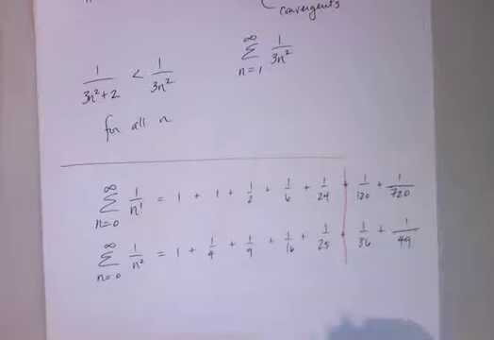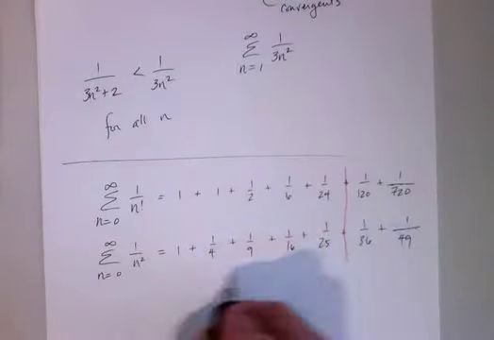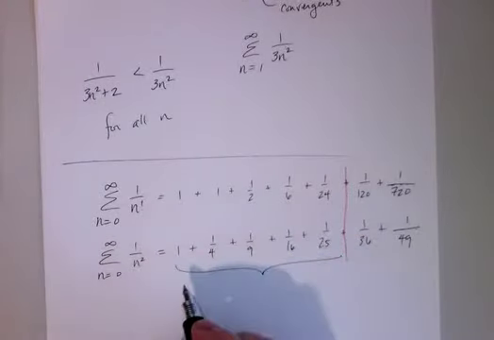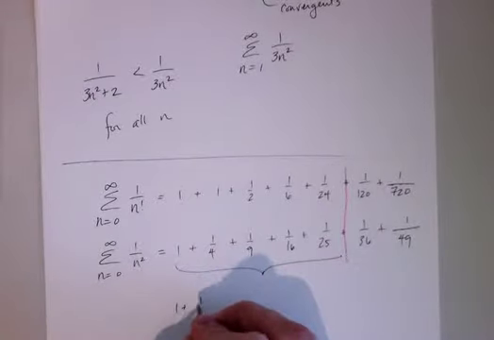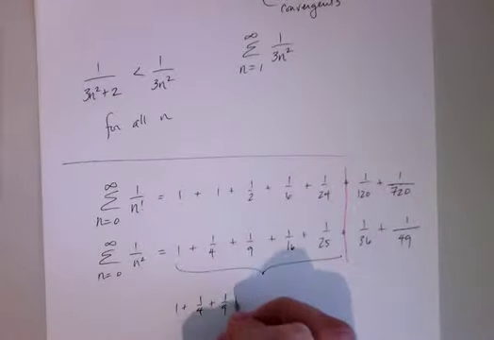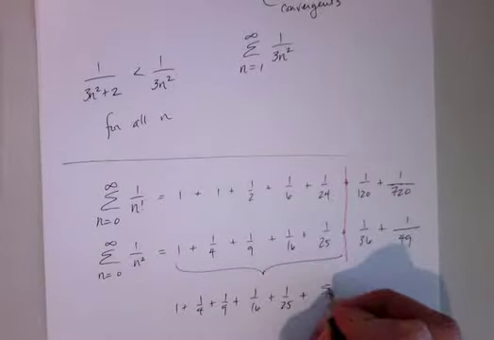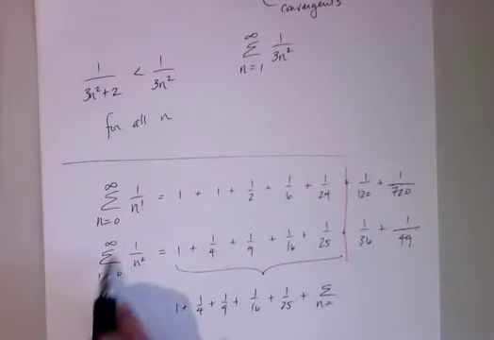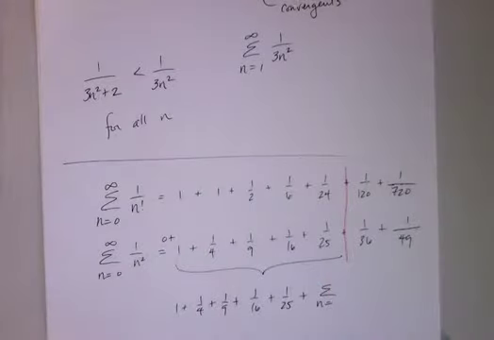You need to remember that if you have terms out here, these are finite. So you can string this out and say 1 plus 1/4 plus 1/9 plus 1/16 plus 1/25 plus the sum where n starts at 0, I guess it was 0 plus.